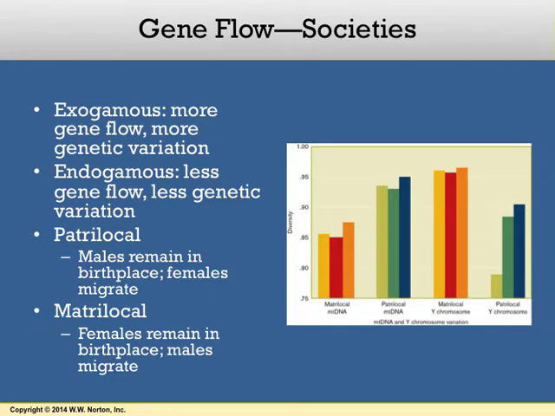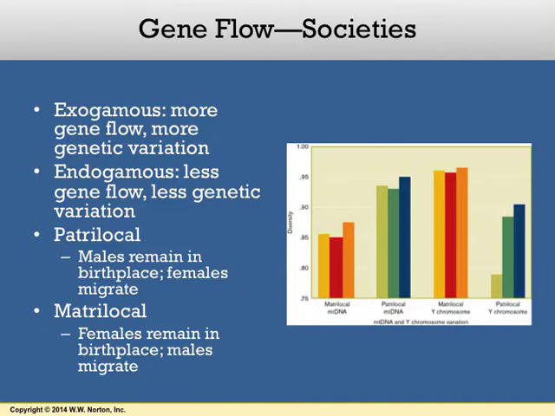Anthropologists have observed that gene flow is highly influenced by social structure. Endogamous societies have little opportunity for gene flow because they do not permit outside individuals into their breeding population. Exogamous societies have higher genetic diversity because of the introduction of new genes into the gene pool. There is another manner in which social structure influences genetic variation.